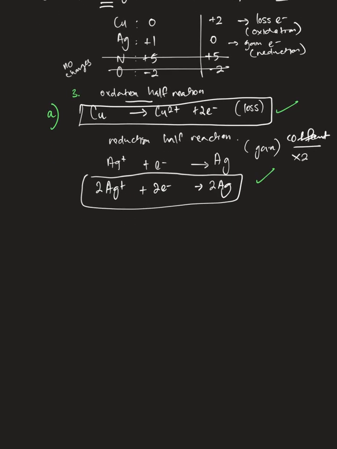So I know that in B, the situation was that for oxidation, copper went through it. Copper went through the oxidation. And for reduction, I know that the AgNO3, let's rather say the silver nitrate, because remember it's attached.